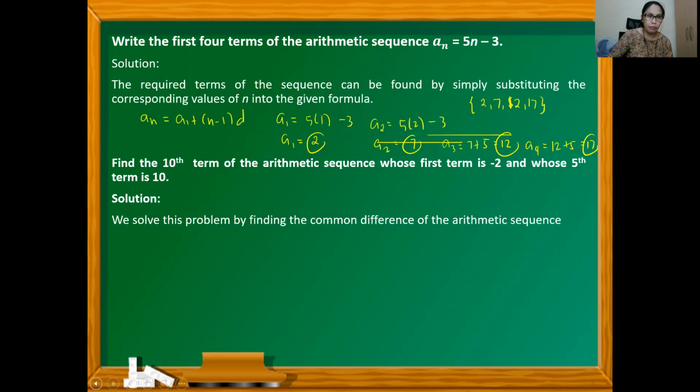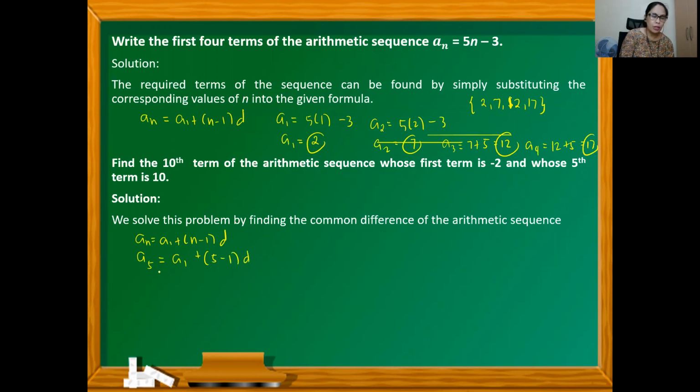So solving for d, we can consider a sub n equals a sub 1 plus quantity n minus 1 times d. And then we have our a sub 5 here equals a sub 1 plus 5 minus 1 times d.